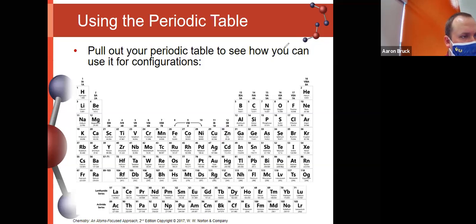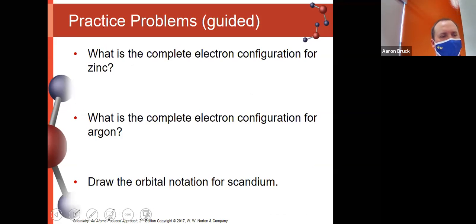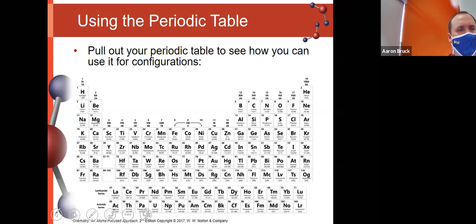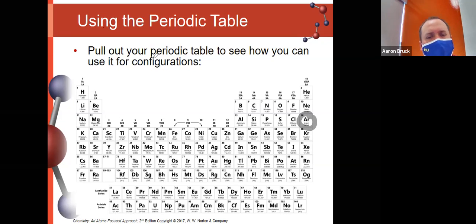Let's look at the next one. The next one on our list, argon. Argon, we're looking at right here. Argon is the anchor of the 3p block. We can see that argon is 1, 2, 3, 4, 5, 6 in that.